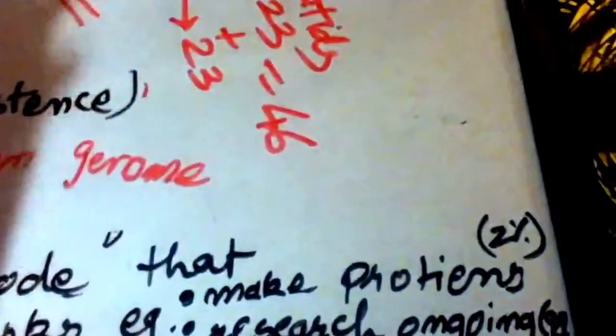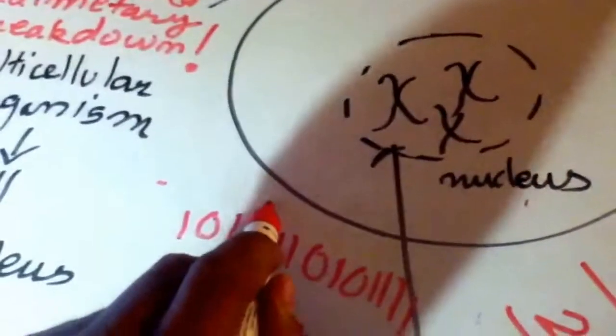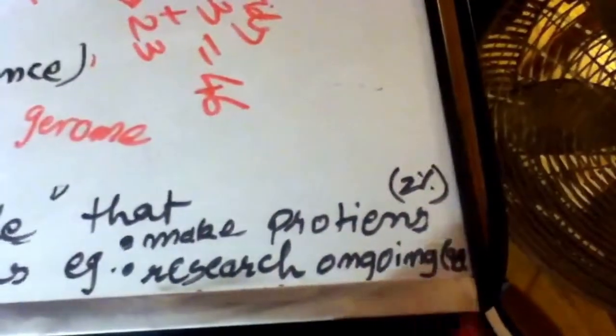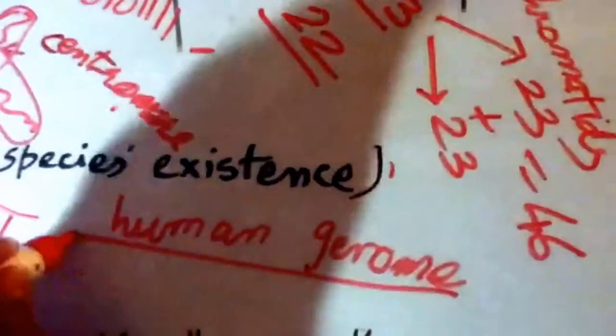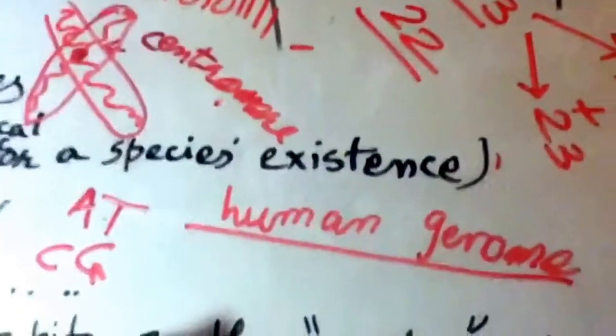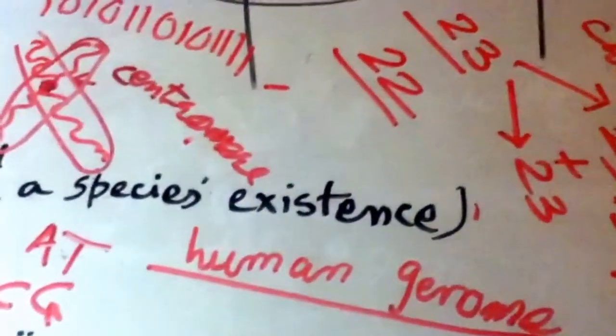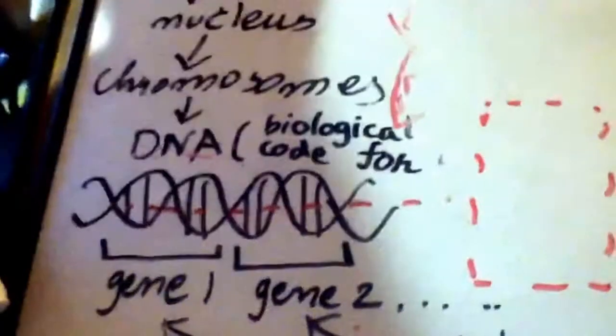Again, to come back to chromosomes, they are a part of the nucleus, which is a part of a cell, which is a part of multicellular organisms. And the remaining 98% is still a part of ongoing research in the Human Genome Project. So that's how it is. But these genes do these specific tasks.